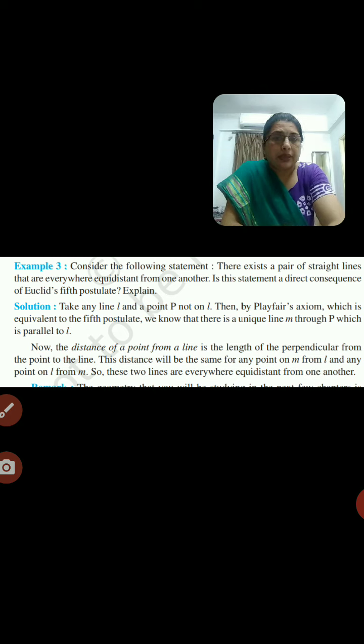But here the condition is given that there exists a pair of straight lines that are everywhere equidistant from one another.